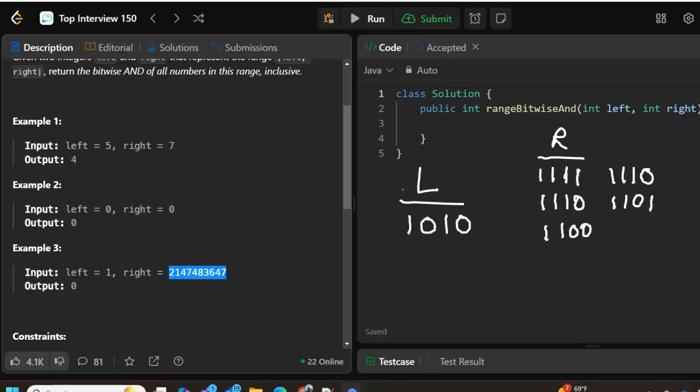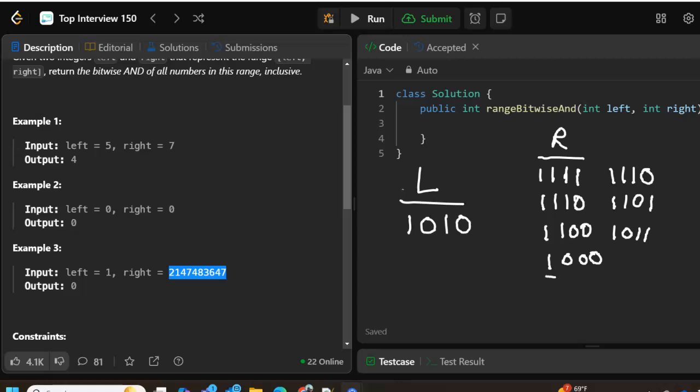Okay, now we're down to 12. Subtract 1 again. We'll get 11. That is 1, 0, 1, 1. AND these numbers together. Now we have 1, 0, 0, 0.